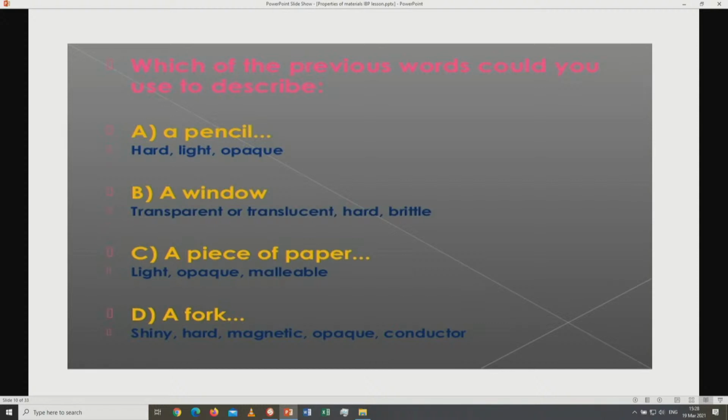Is it hard? Is it brittle? A piece of paper, is it light? Is it malleable? A fork, does it shine? Is it hard? Magnetic? Or can it conduct electricity?